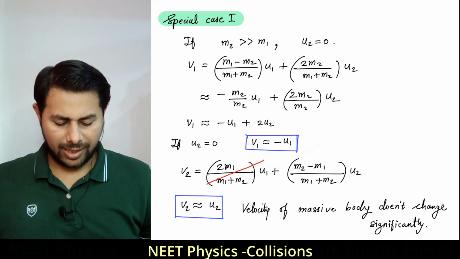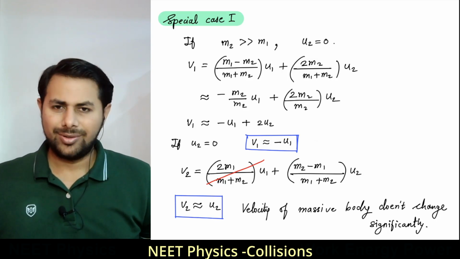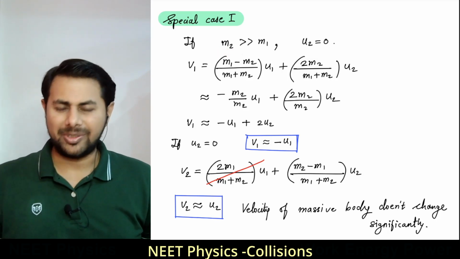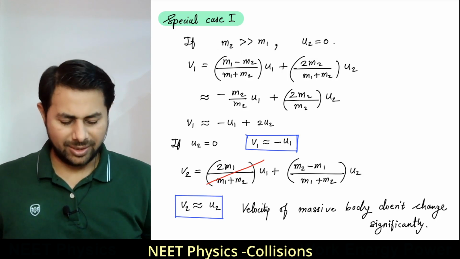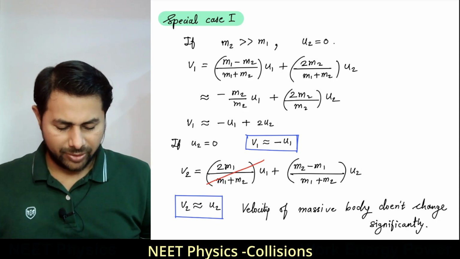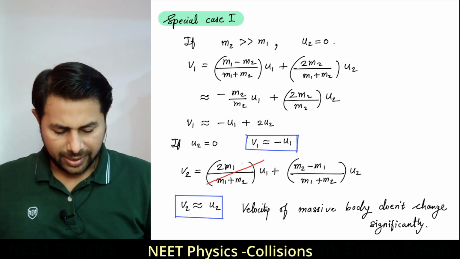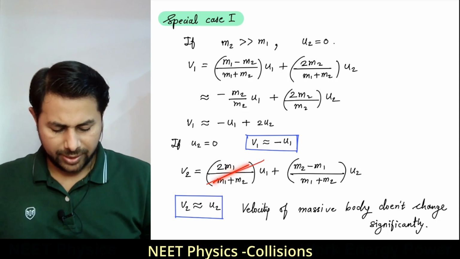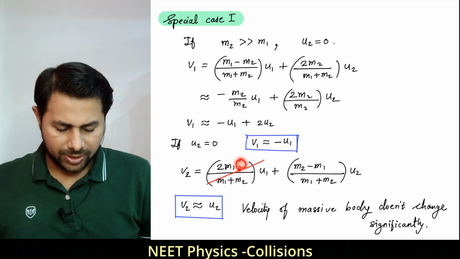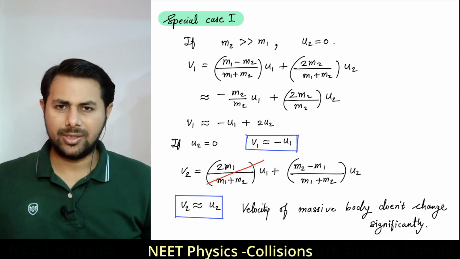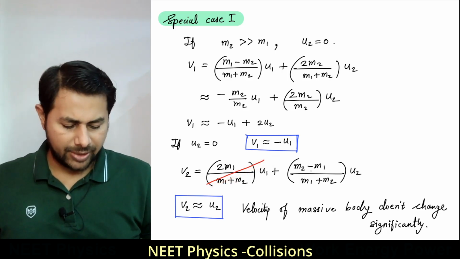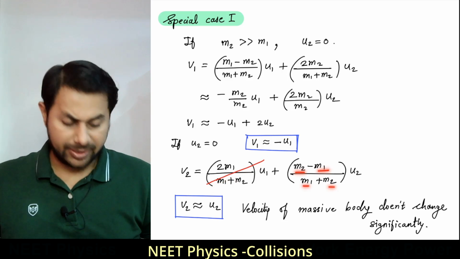And if mass of second body is far greater compared to mass of first body, then nothing happens to the second body, right? So suppose the second body is moving with some speed, then what do you get? Again you neglect m1, so 2 times m1 is almost equal to 0 because mass of first body is very small compared to the mass of second body, so this term is neglected, and then you get m2 minus m1 divided by m1 plus m2.